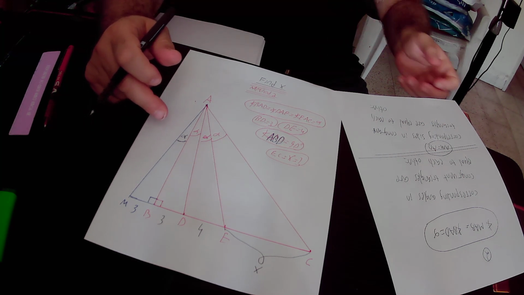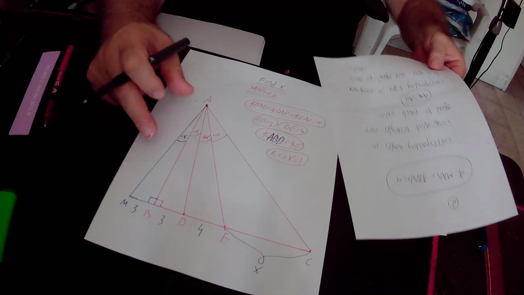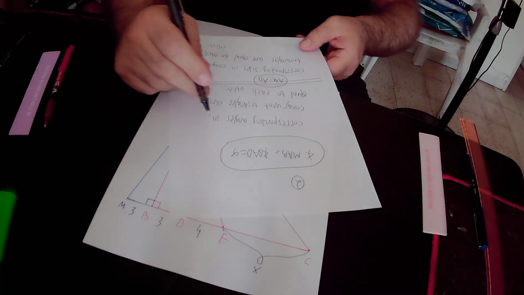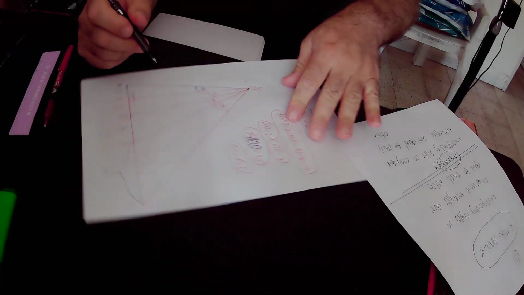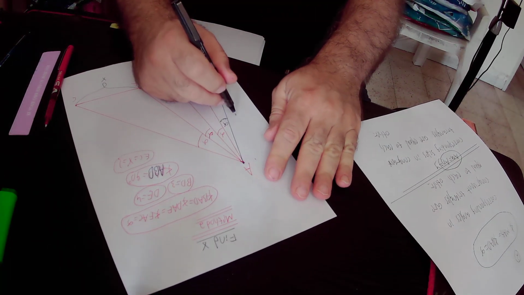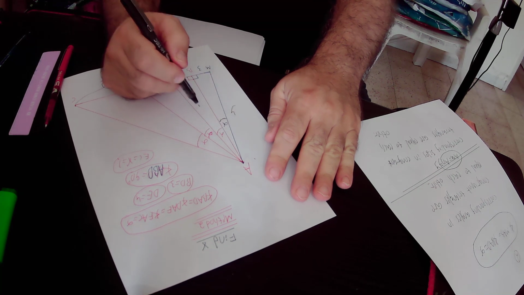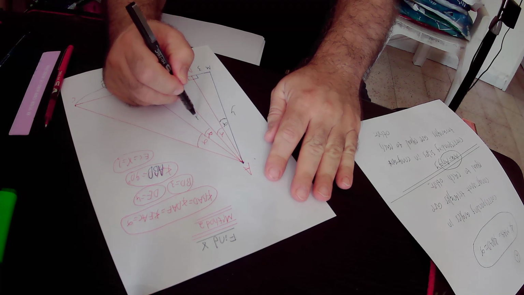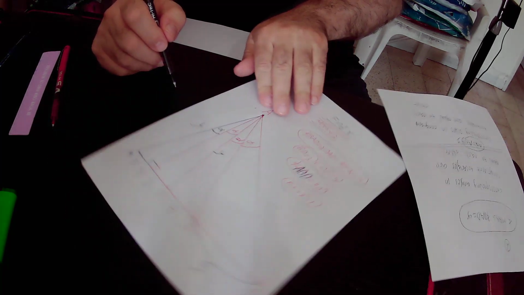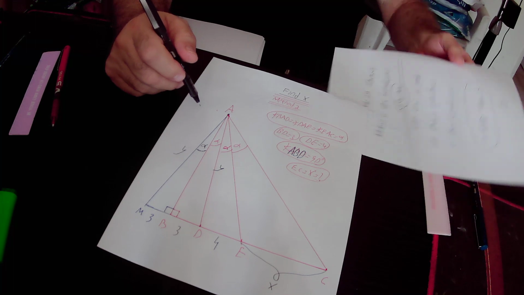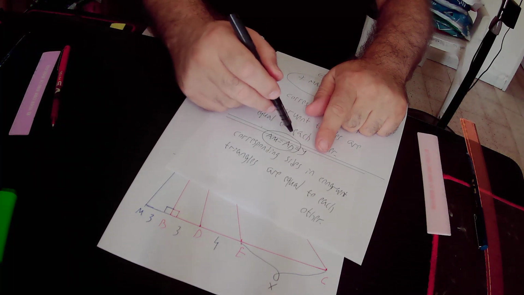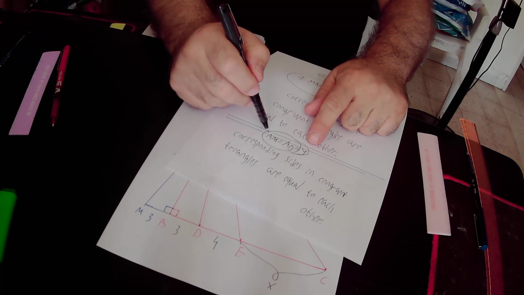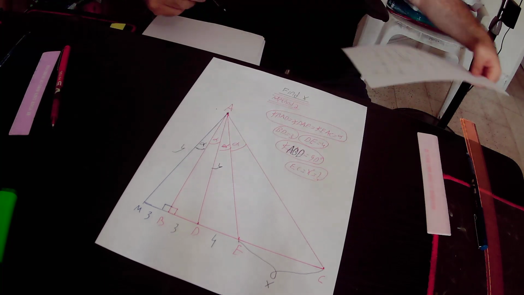Okay, so AM equals AD, and if we define AM as Y, then AD will be also equal to Y according to this equality.